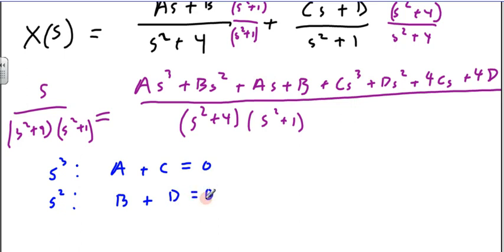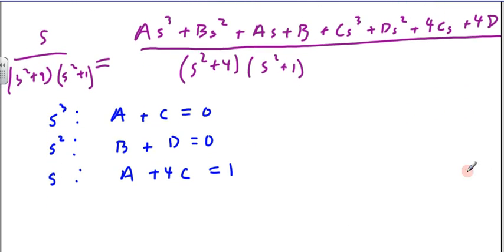That also has to be 0 because there's no s squared term. We look at the s term, and we have a plus 4c, and that has to be 1 in order for me to have an s there. And then we look at the unit term, and the unit term is b plus 4d, and it has to be 0 because there is no unit term.